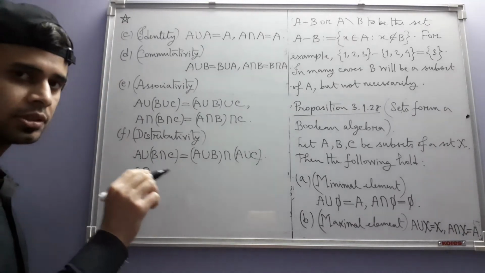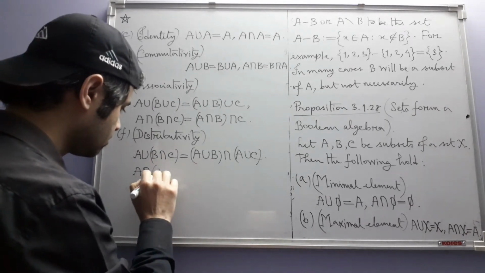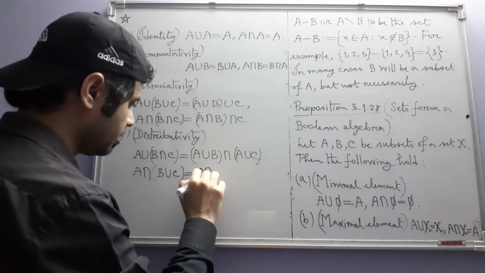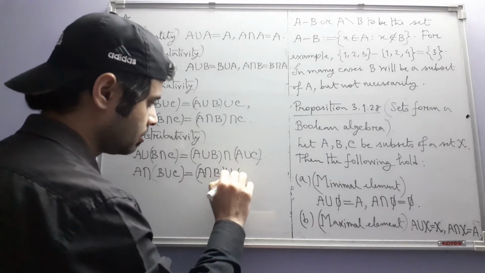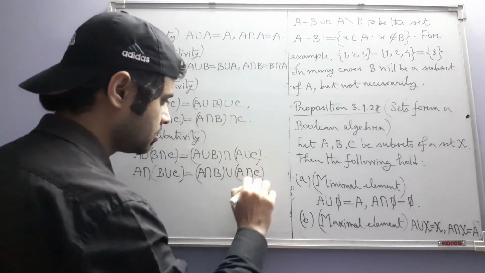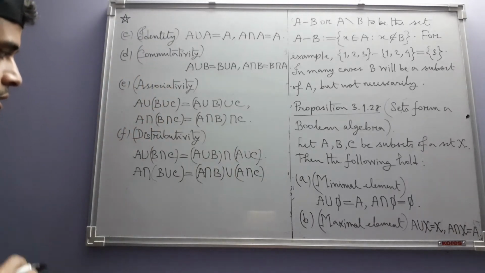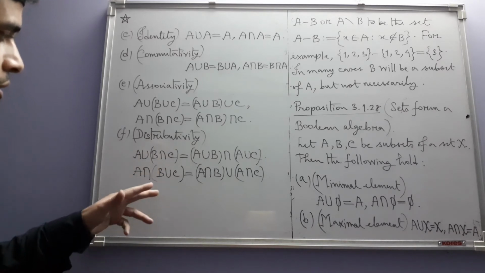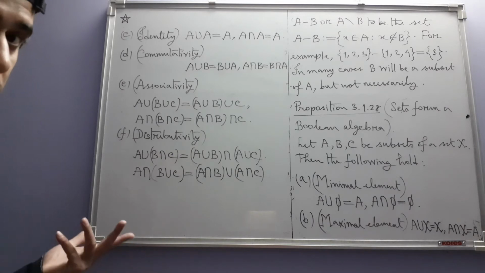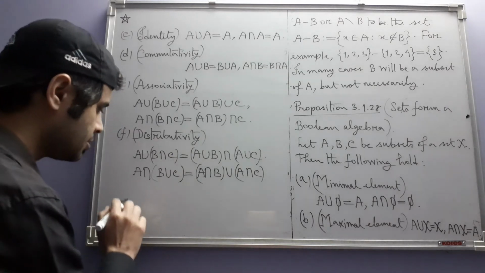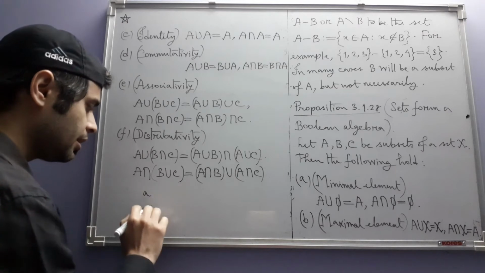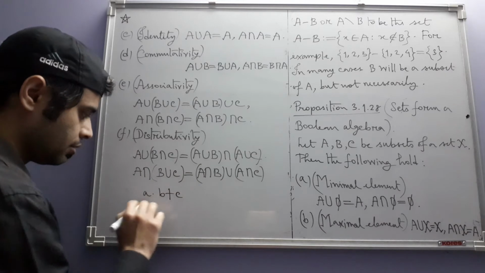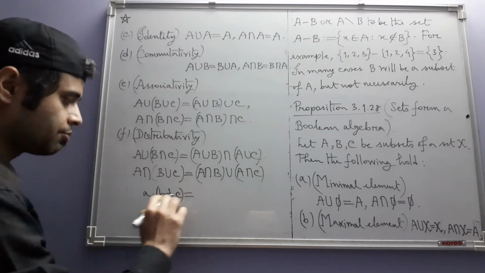Intersection also distributes itself over union. A intersection (B union C) equals (A intersection B) union (A intersection C). Note that the relationship between union and intersection here, although it looks like addition and multiplication, is not exactly like that. If A, B and C are three real numbers, then multiplication distributes itself over addition.